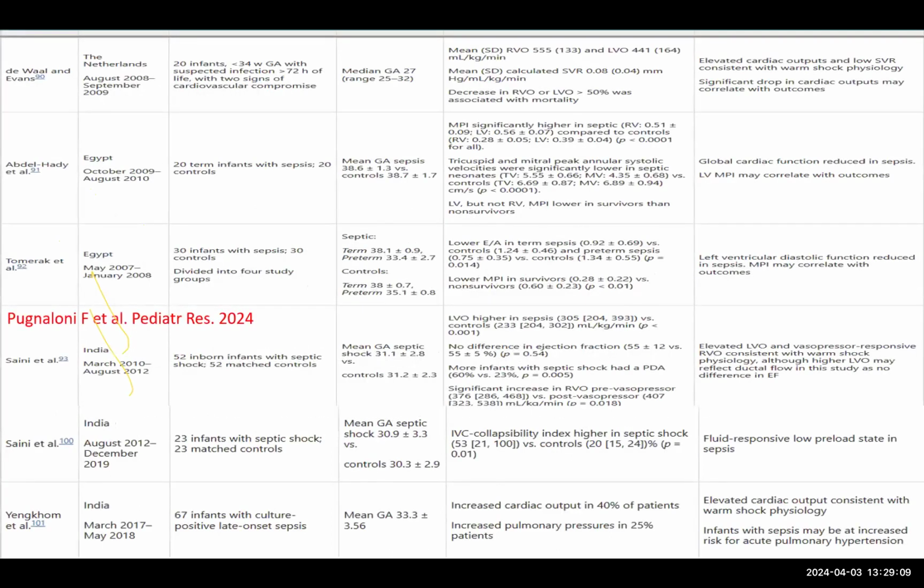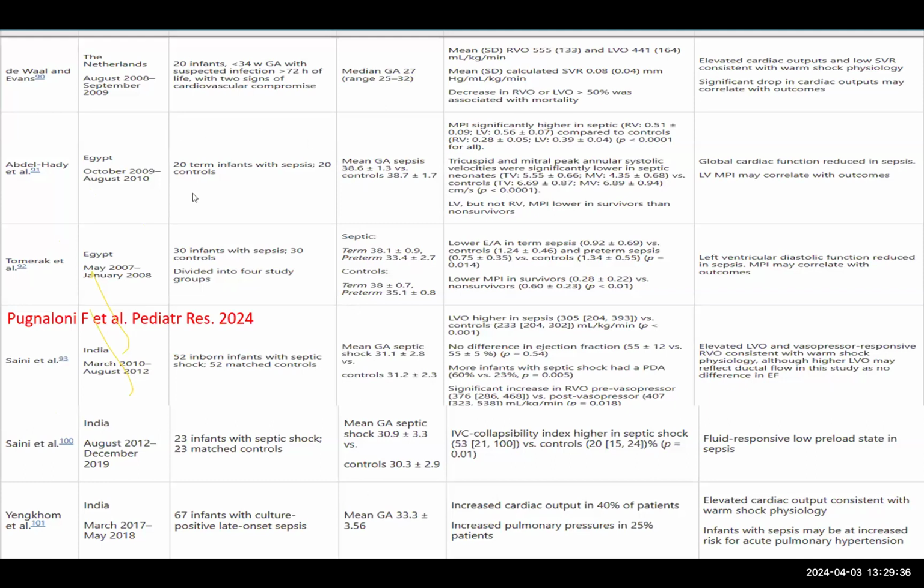So I'm trying to confuse you with one of the very great publications in Pediatric Research in 2024. I just found it this morning. I really like this review article. It summarizes prospective clinical studies looking at the echo findings related to septic shock.